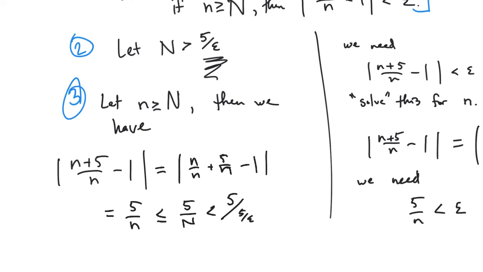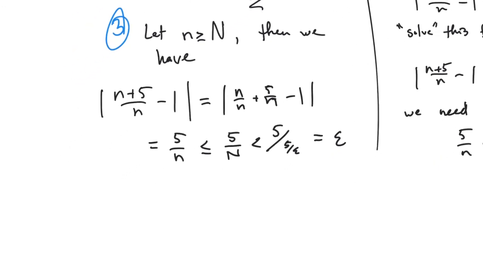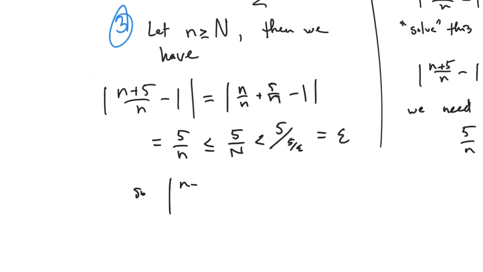Isn't that cute that it was both 5s? What is that? That is epsilon, yeah. The whole thing just unravels and you end up with epsilon. And so n plus 5 over n minus 1 is less than epsilon, as desired. All right, and this is the proof.